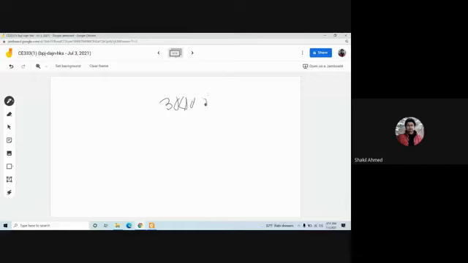If you convert it to meter cube per second, 3040 divided by 24 into 60 into 60. Tell me the value. Meter cube per second, 0.035.